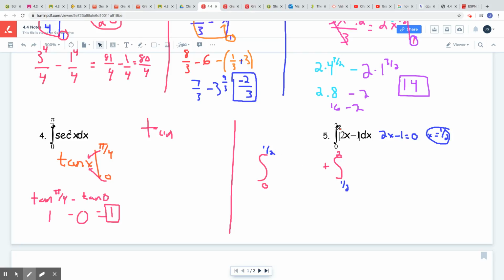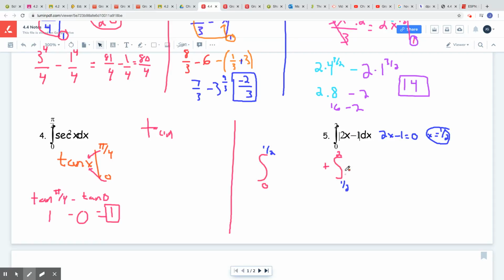Now, if I were to plug in, let's do this one, 1/2 to 2. Let's say 1, a number between 1/2 and 2. If I plug it in there, 2 times 1 is 2, minus 1 is 1. It's a positive number. If something is positive, it stays the same.